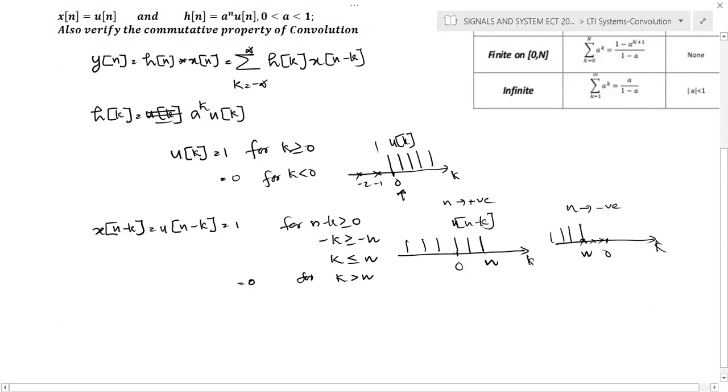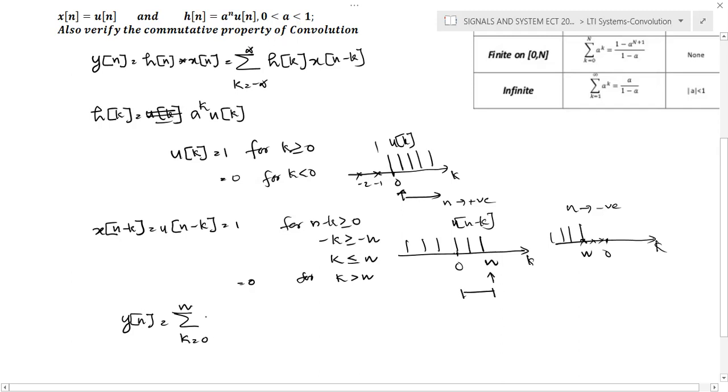For the other case, in the summation equation, you can write y of n equal to sigma. You don't need to start from k equal to minus infinity. You can start from k equal to 0 and go up to n, because the first signal starts from 0 onwards and the second signal is from minus infinity to n. So both signals exist from 0 to n.